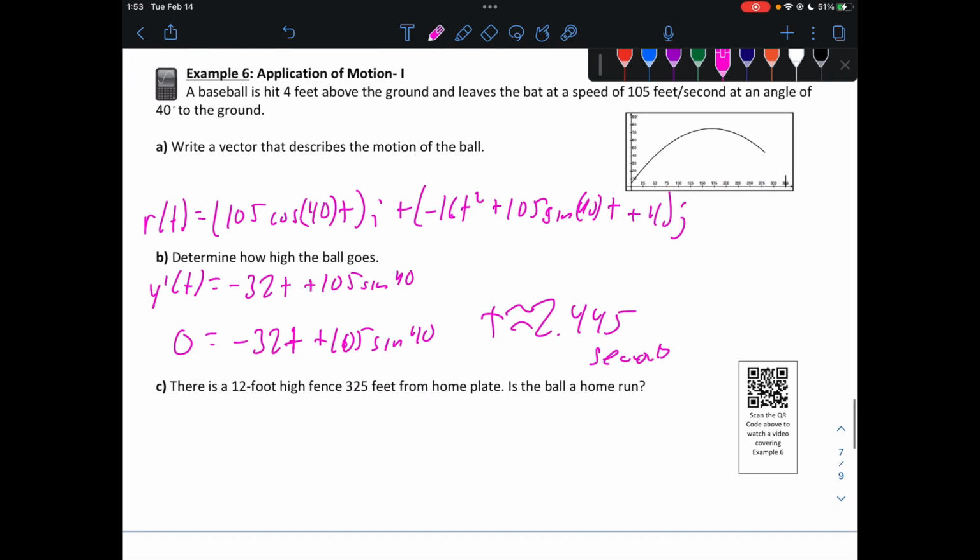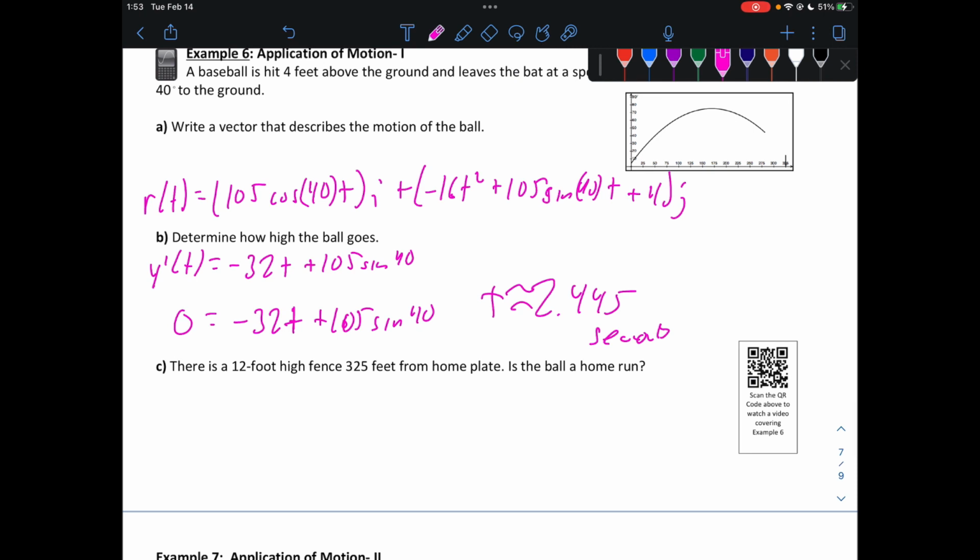C, there is a 12-foot high fence 325 feet from home plate. Is the ball a home run? All right, so what we want to know here is, 325 feet away, so that's the x coordinate, will the ball be 12 feet or higher? First, when the ball gets to 325 feet, what would the time be?